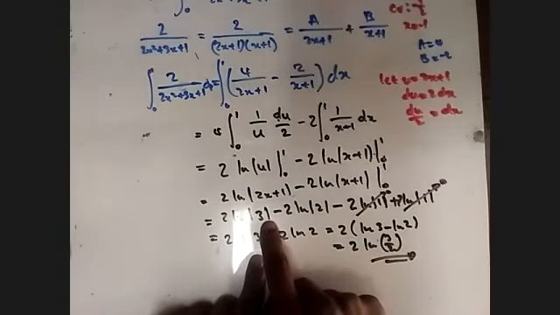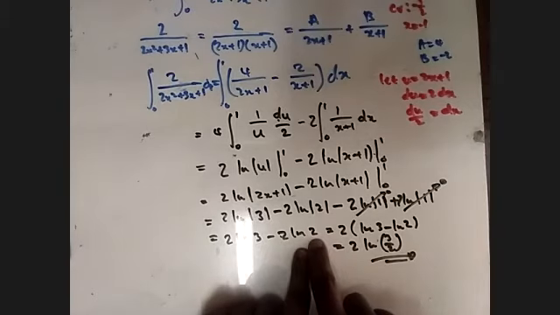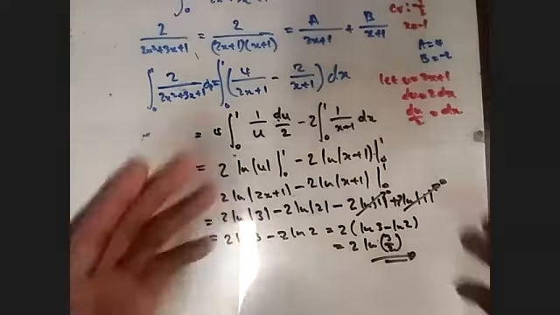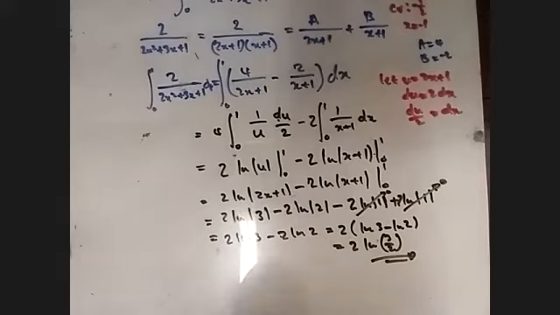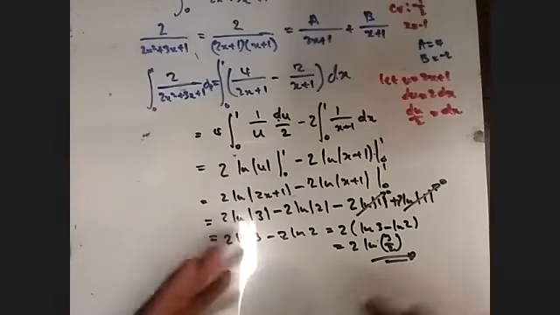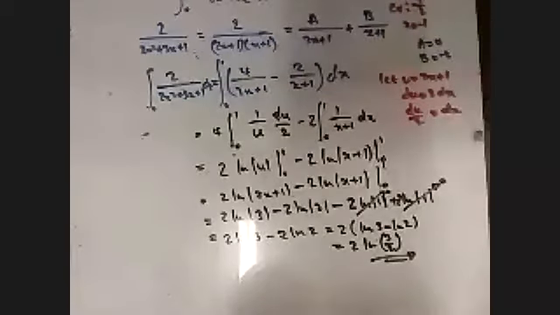The absolute value of 3 is equal to 3. The absolute value of 2 is equal to 2. You understand? So instead of writing absolute value, I can just write 2 and I can just write 3. I don't actually need to write absolute value, because the absolute value of a number is that number in a positive manner.